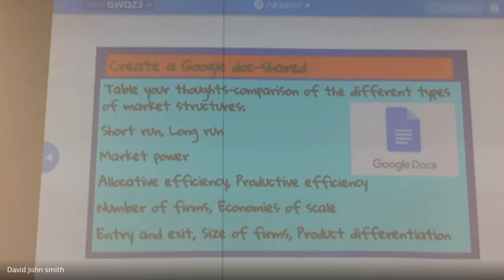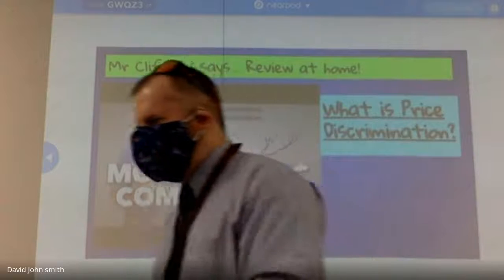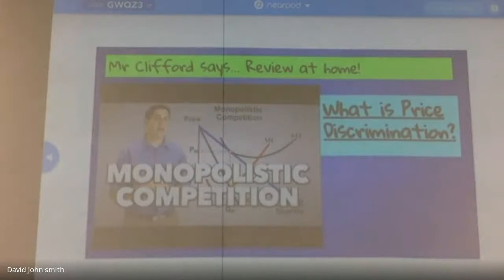Right. Now, I have included extra work in there as well as extra revision materials into the classroom and into the site. That one is Mr. Clifford going through monopolistic competition. Now, the best way to review these videos is to have a pause button on them. You watch the video and then you hit pause and you make notes.